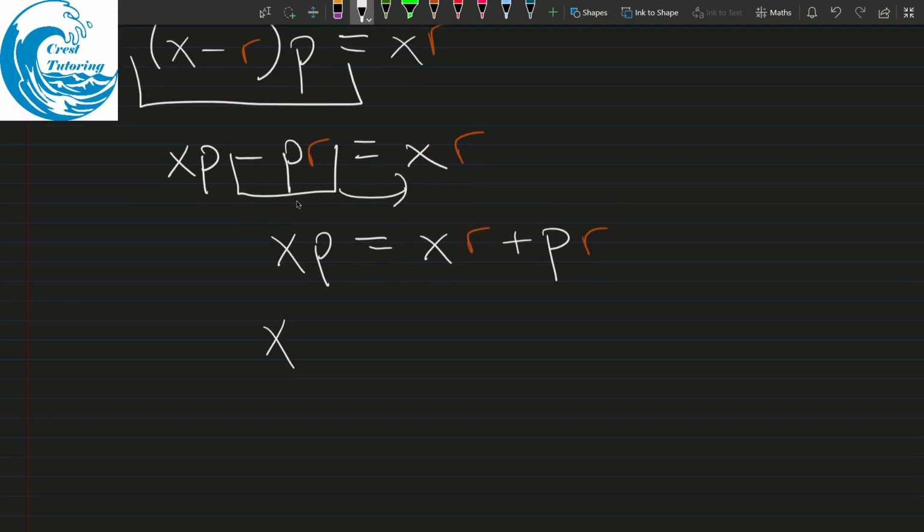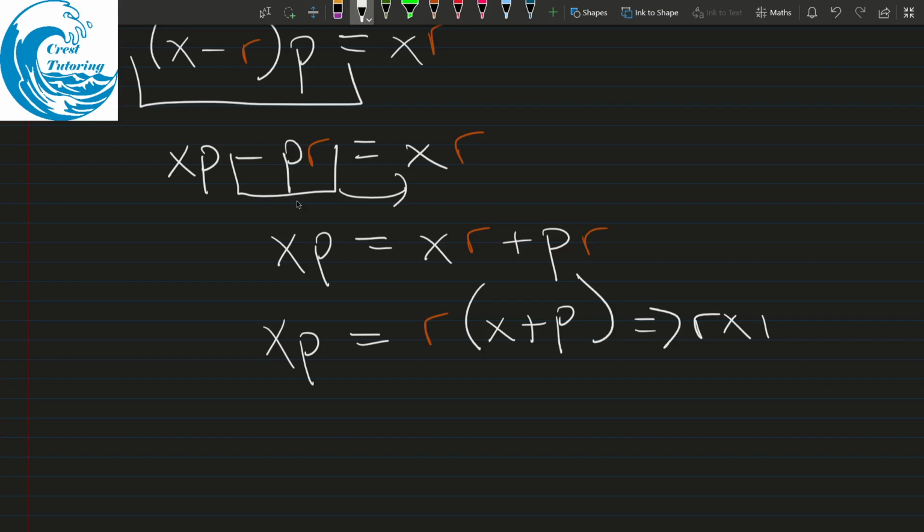So we can say xp equals r times x plus p. Okay, because if I multiply that out, I get rx plus rp, which is, oh, I had them written the other way actually. So if I multiply them out, I'll get xr plus pr.